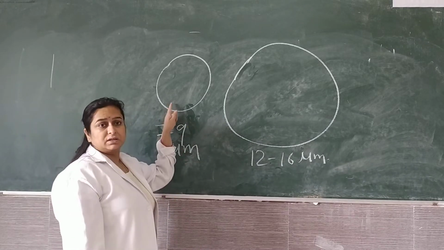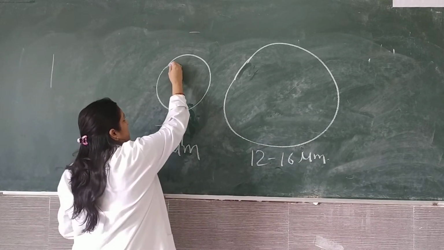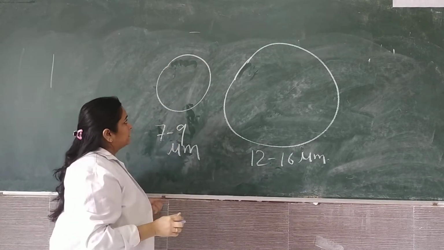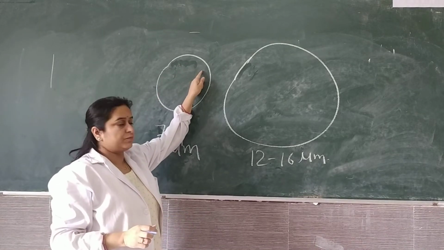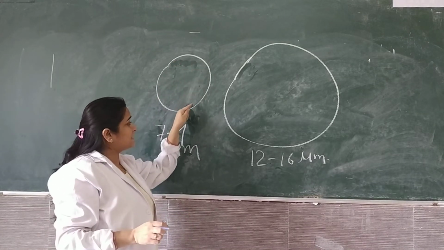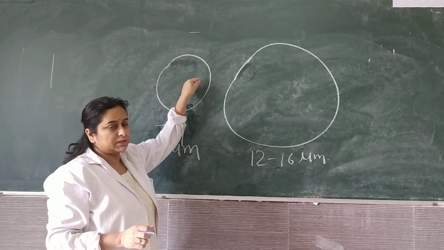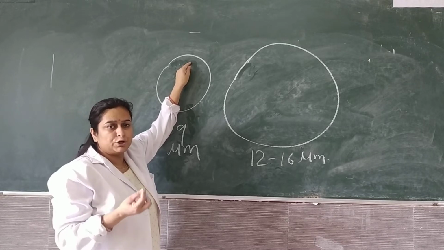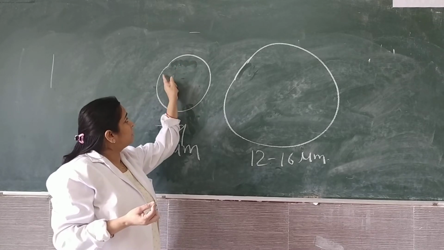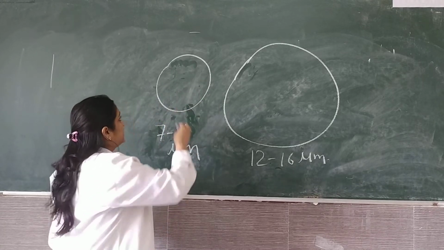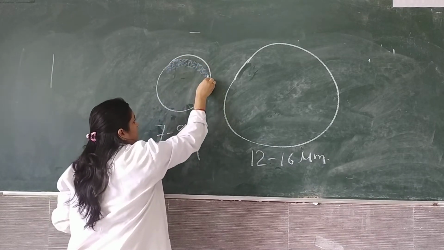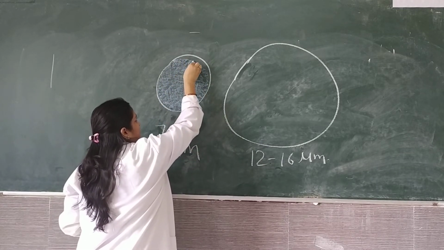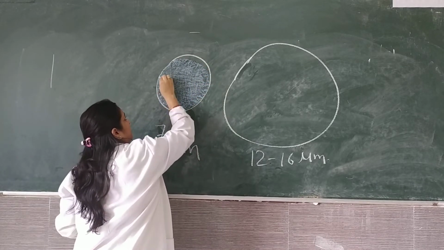Now the nucleus of the small lymphocyte will fully cover the cell. Only a rim of light stained bluish cytoplasm we can see, only a slight rim of the cytoplasm.